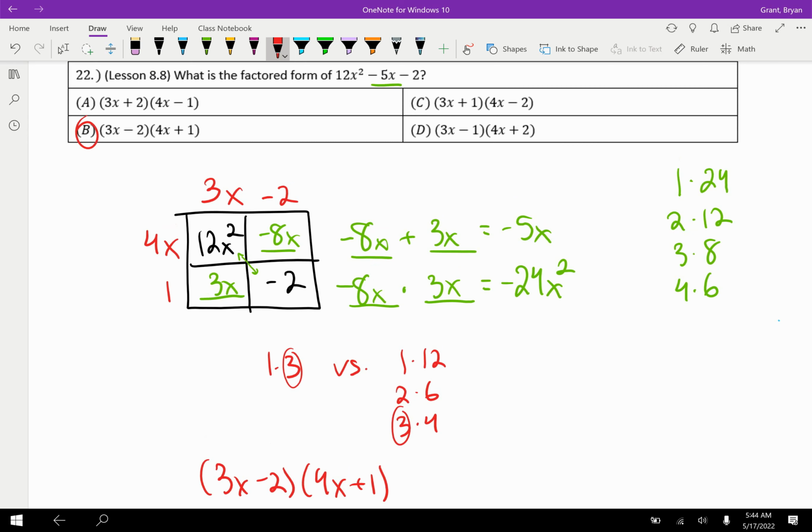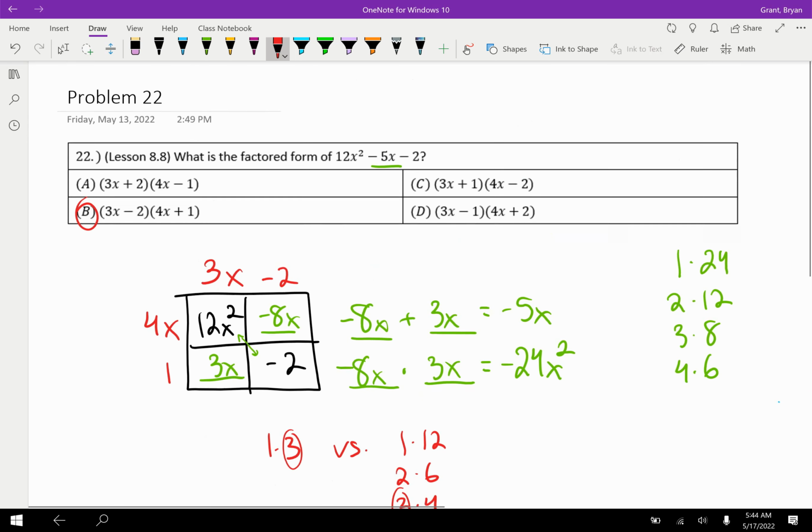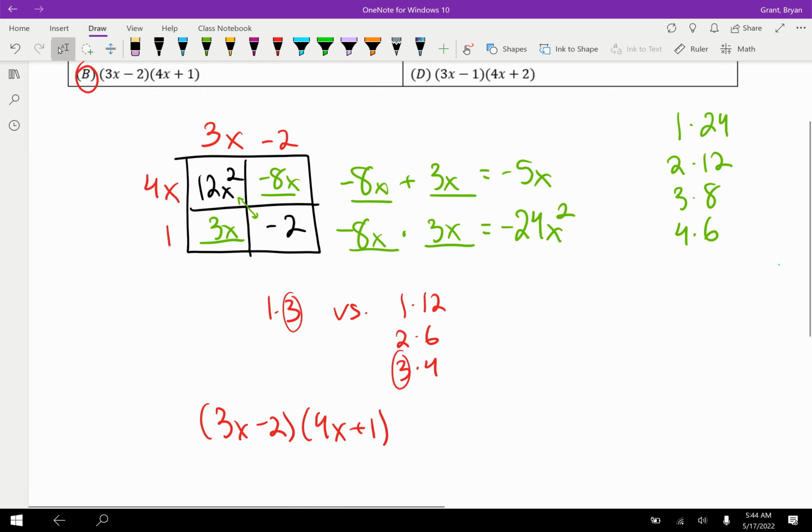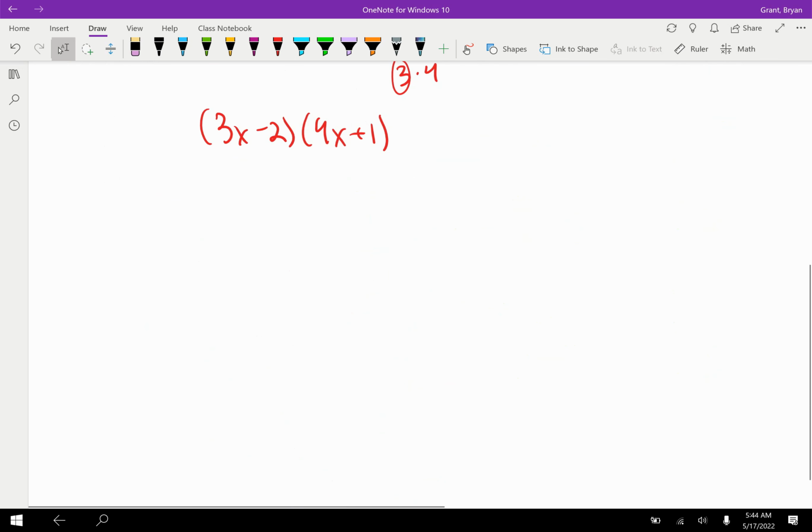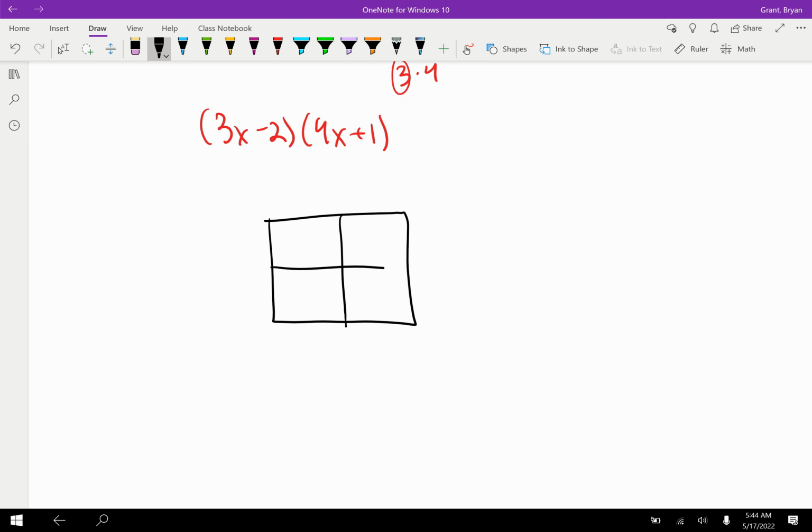The nice part is, once you get your answer, it should be pretty easy to check. So I'm going to go ahead and check that, which is this problem down here. To do the check, we start with the outside and find the inside. It doesn't matter which side you put it on. I'll switch up the sides here, like so. And we would find that this is 12x squared, 3x, negative 8x, and negative 2.